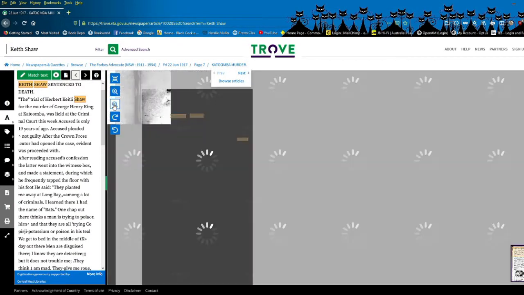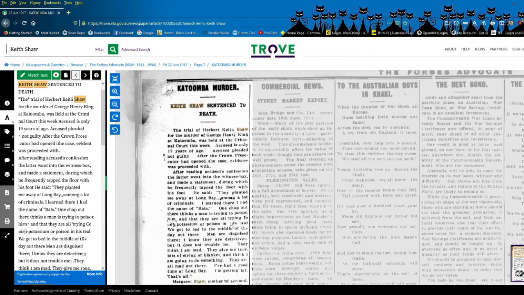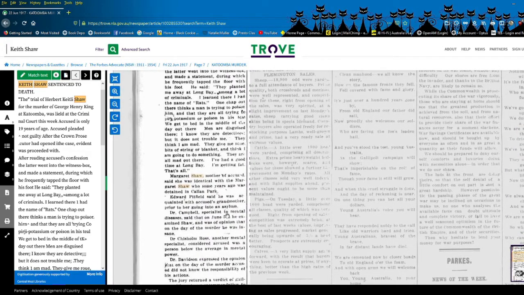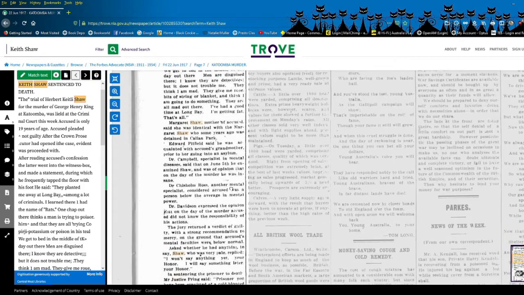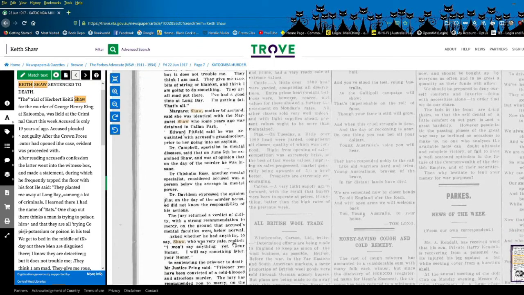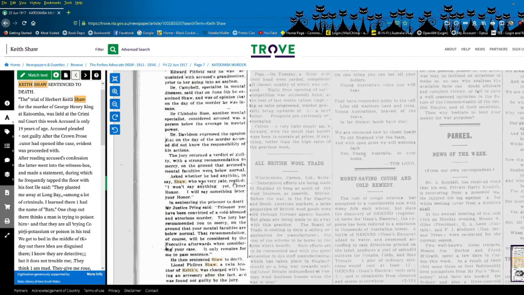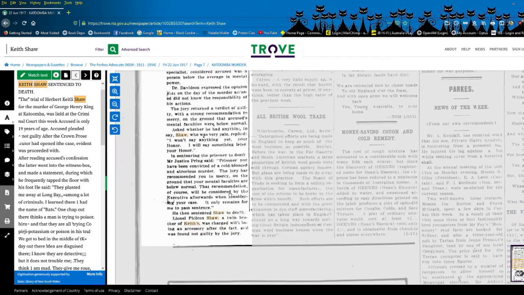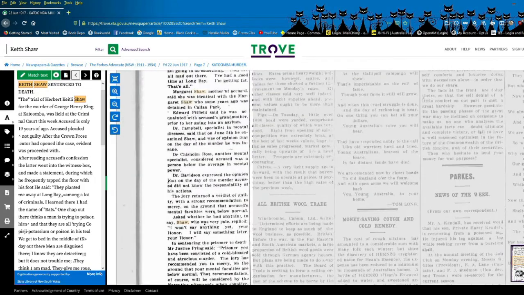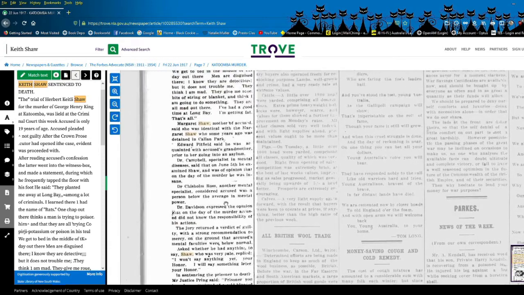Again, one of the reasons why I like using the newspaper archives is that often when people write historical fiction, they feel that they then need to read or talk only about people who are very, very famous, as if only the moneyed people of any community had any worth, had any value.